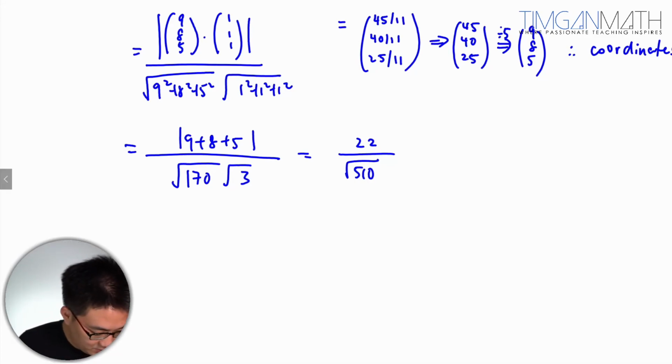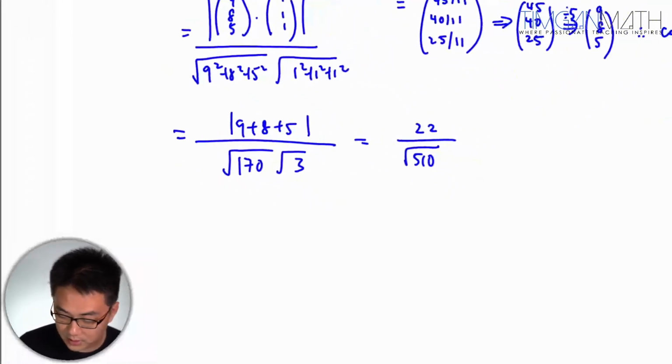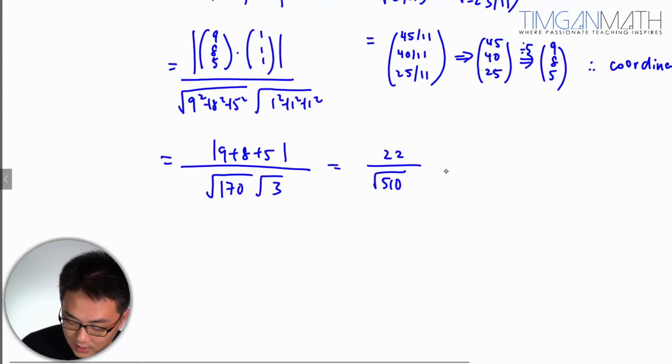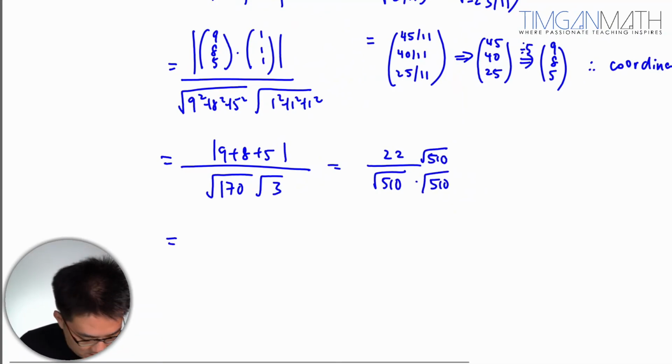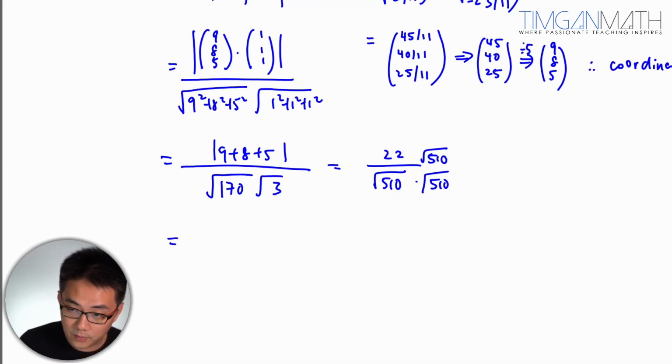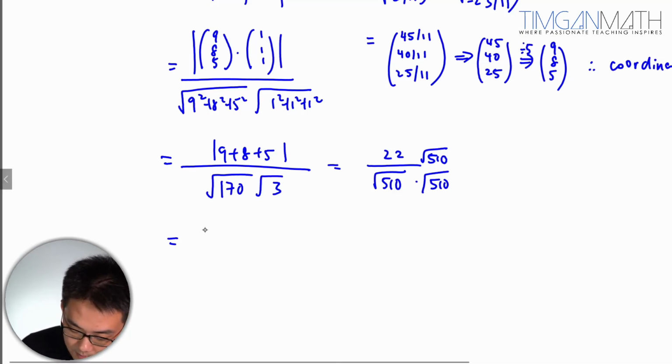Okay, 510. Could it be divided by 4? No, I think you can just leave it like that. Okay, so this is cosine beta. Obviously, if you want to rationalize it, you could just rationalize it. This will be 22 over root 510, which will be 11 over 255 root 510.